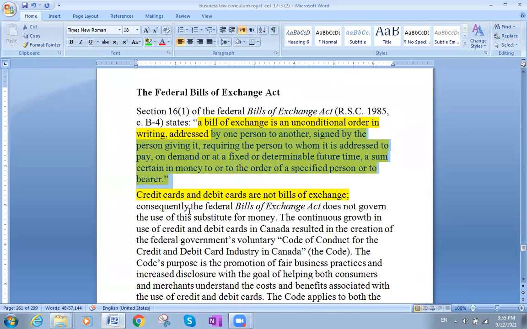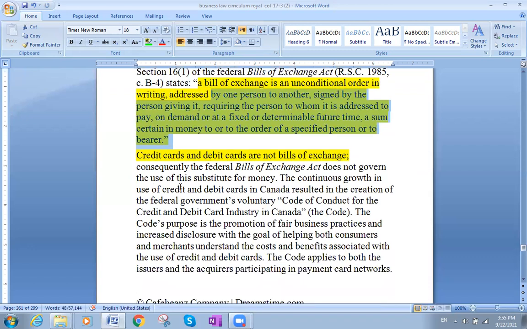This is the bill of exchange, and it's like a check. It's one of the means of settling payments.